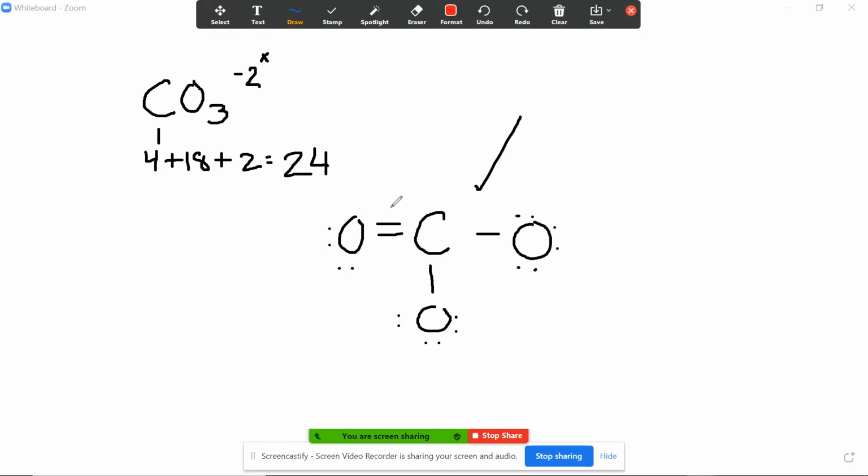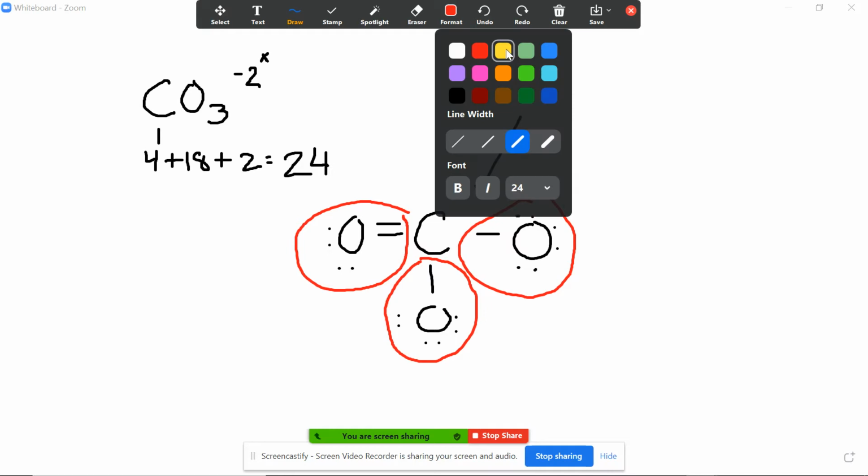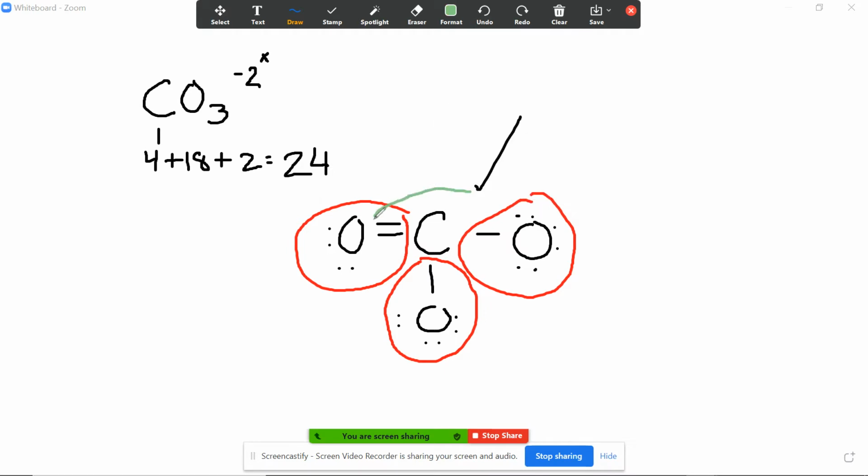So now let's look at each individual atom. I'm just going to circle them so we can look at each one. Let's make carbon green. And if this helps you, it helps you. If you don't want to do this, that's fine. So our oxygen with a double bond, we have 2 pairs of electrons being shared, so that's 4. 2, 4, 6, 8.